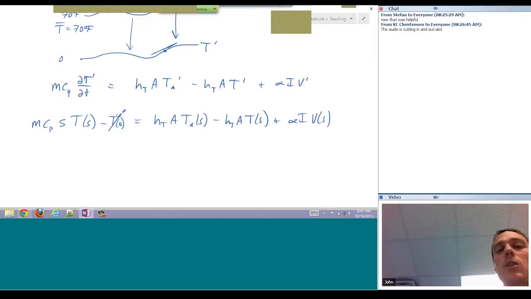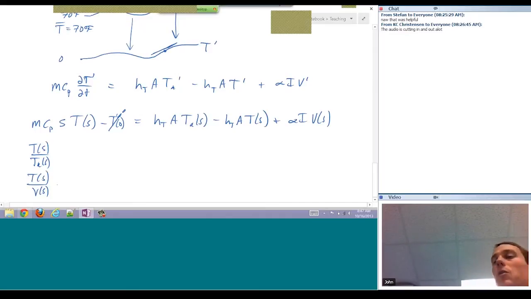Okay, so now we want to get back to the original question, which was to get our transfer functions, T of S over V of S. How do I get those from this expression?